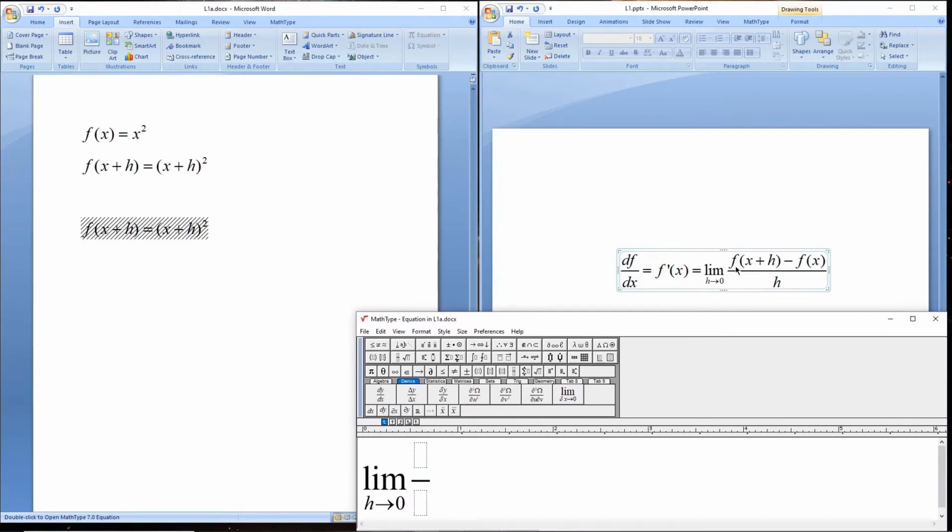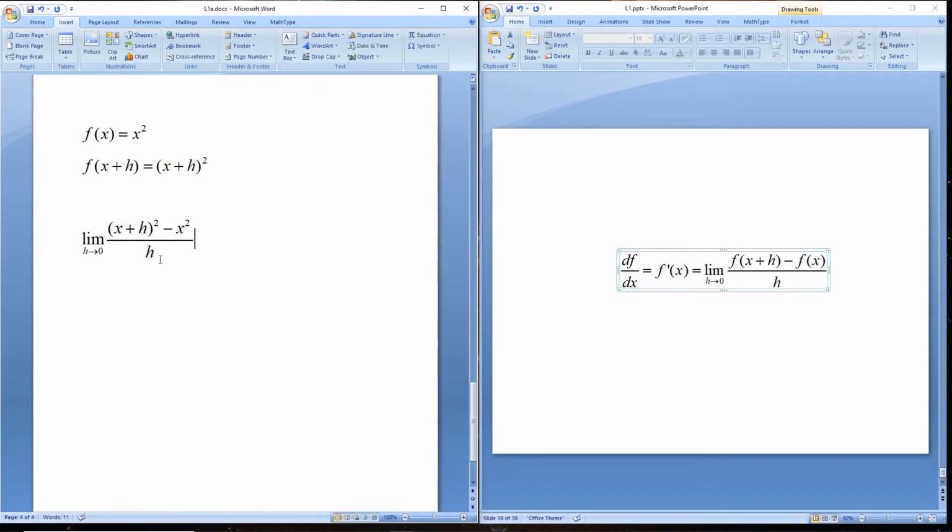So we have first, plug in f of x plus h. Okay? We know that is (x plus h) squared. And now we have minus the function. So we have minus and then our function. And all of that is divided by h.